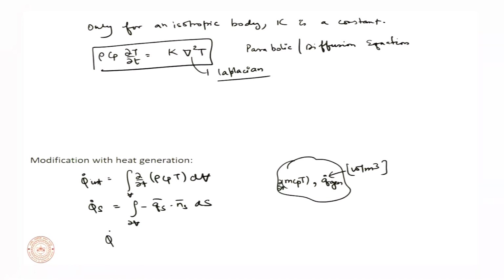Okay, so if that is the case, then Q dot gen is equal to the integral over volume of q dot dV. Okay, surface flux, the unit is watt per meter square. This unit is watt per meter cube. Okay, now let's do our conservation of energy.